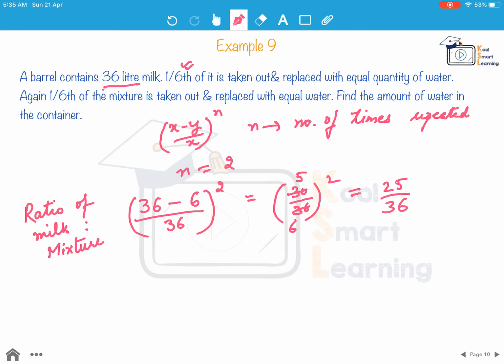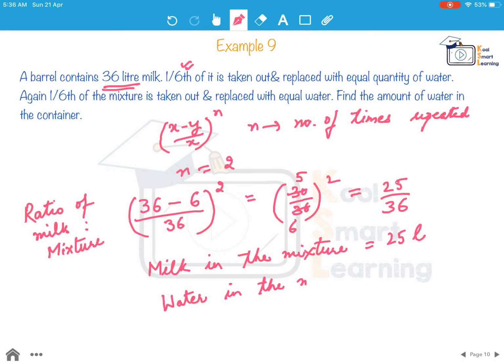And since the barrel contains 36 liters of milk, the milk in the mixture after this process is repeated 2 times is 25 liters. So the water in the mixture will be the rest of the portion, which is 36 minus 25. So we have 11 liters of water in the resulting mixture.